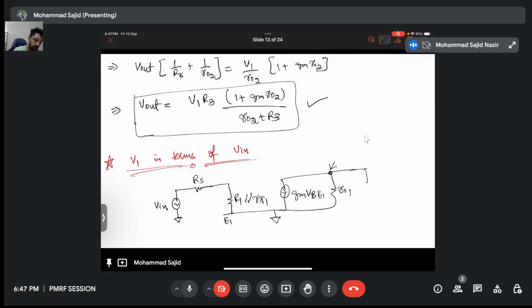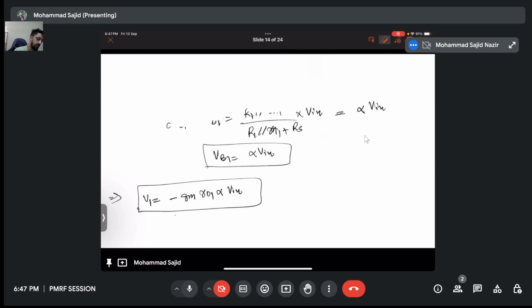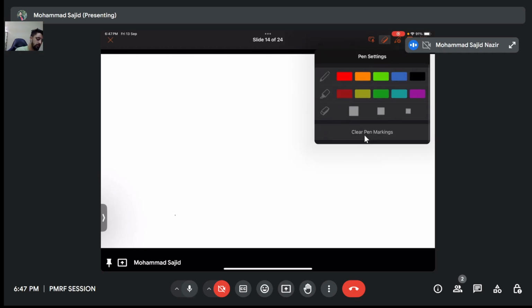We will have another resistor here, R dash.